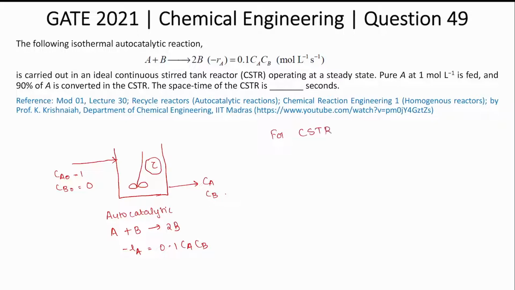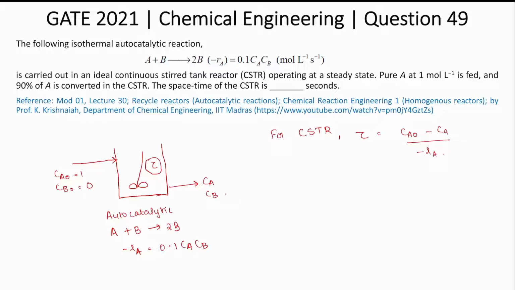For a CSTR, we can write the design equation as tau is equal to Ca0 minus Ca by minus Ra, where tau is the space time of the CSTR, Ca0 is the initial concentration of the feed, Ca is the final concentration, and minus Ra is the reaction rate.